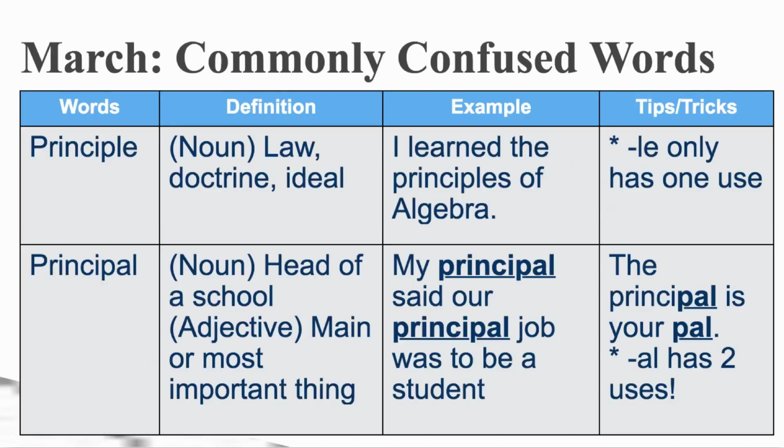It's something that you live by, and of course, huge connections to 7 Habits with principle-based approach to life, principle-centered. An example, I learned the principles of algebra, the laws, the rules. So I don't have great tricks for this one, but the LE only has that one use.